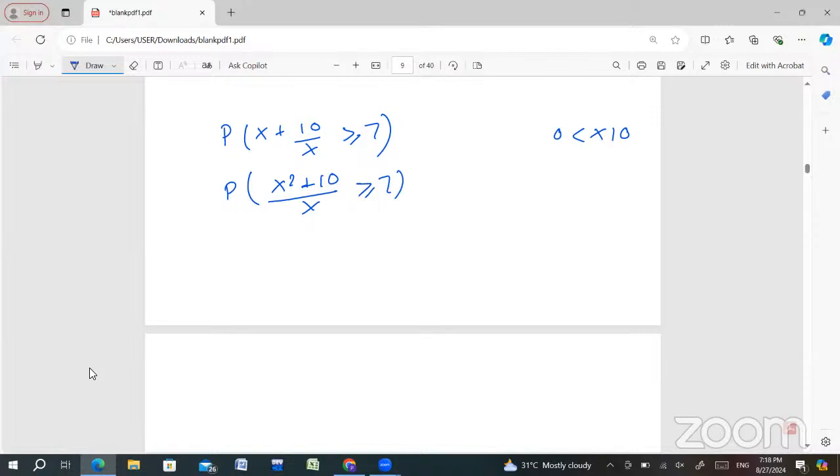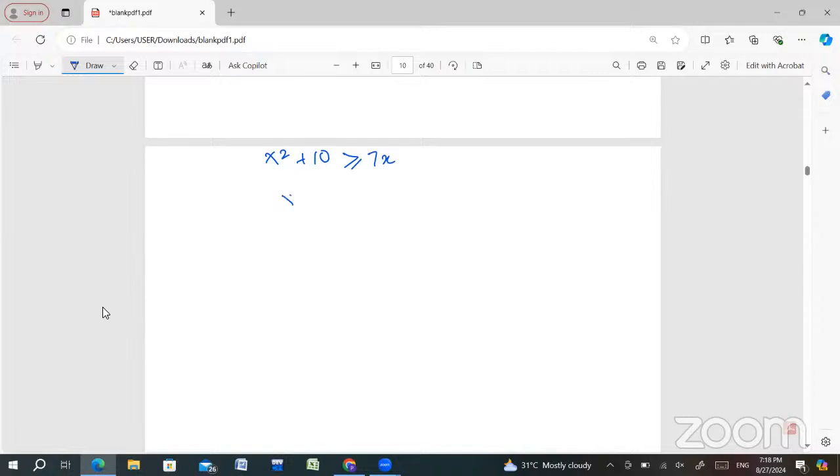Let me solve it separately. The equation will be x square plus 10 greater than or equal to 7x. Just this equation I am writing. So it will be x square minus 7x plus 10 greater than or equal to 0.